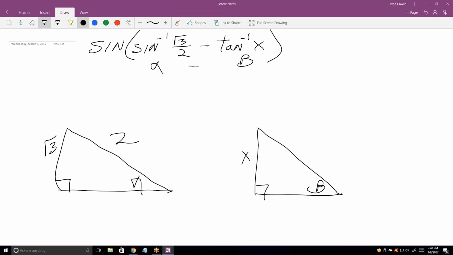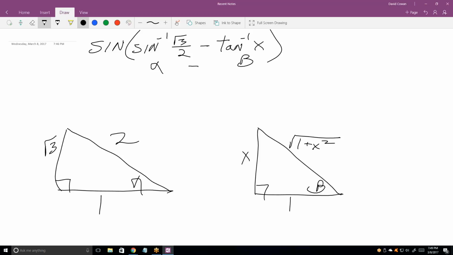What's the hypotenuse? The square root of 1 plus x squared. Over here, the third side is 1. Okay, just applying the Pythagorean theorem.